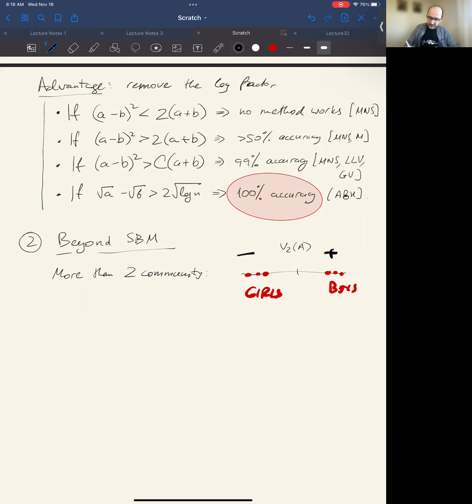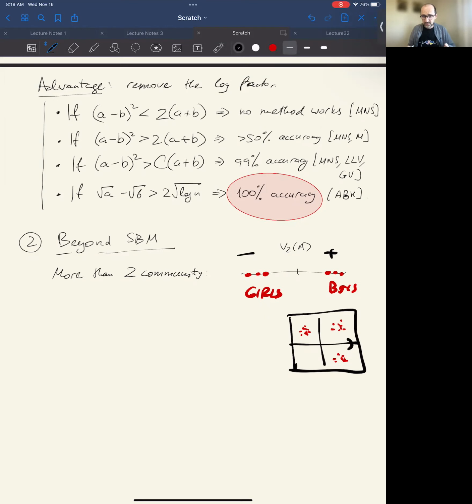So we allow 2, maybe 3 eigenvectors, project everything there, and it should cluster like this. That will be a 3-dimensional picture.